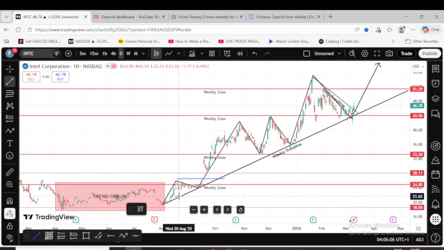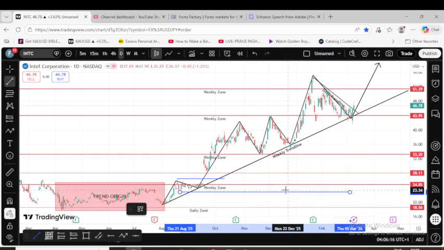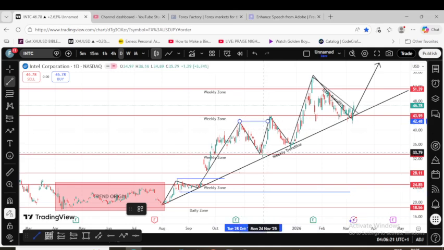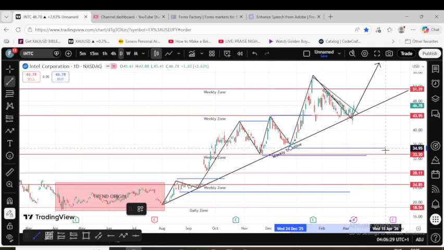So we have swing high, swing low, swing high, swing low, swing high, and then swing low.